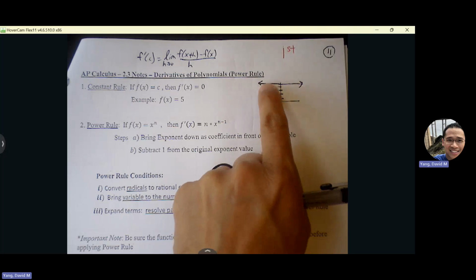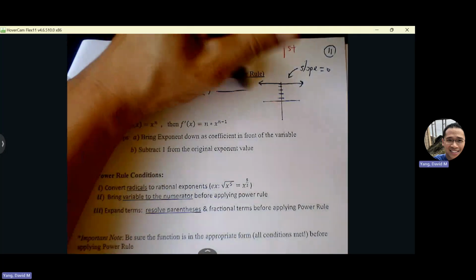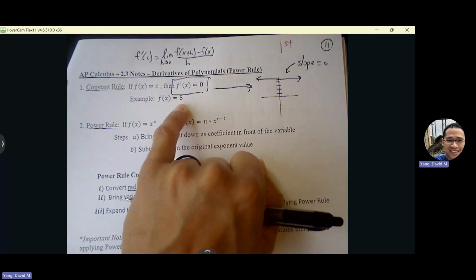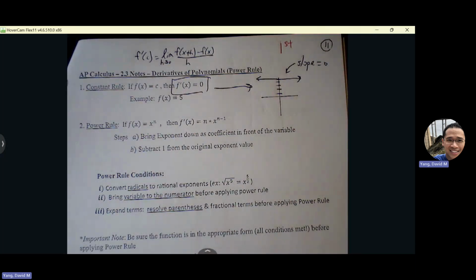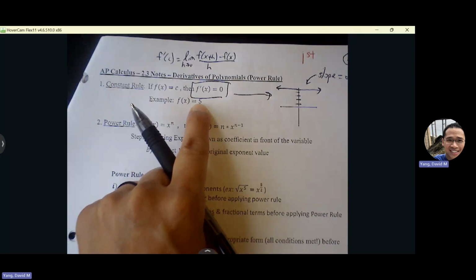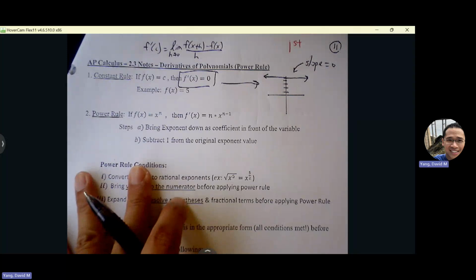No matter where I am on this graph, the slope is 0. Because the slope is constantly 0, we can say that the derivative of that function is 0. Anytime you see a constant, just know that the slope of that constant is always 0. It's a little bit of an exception to the rule, but as long as we can visualize a constant as becoming 0, it doesn't take a lot of effort.